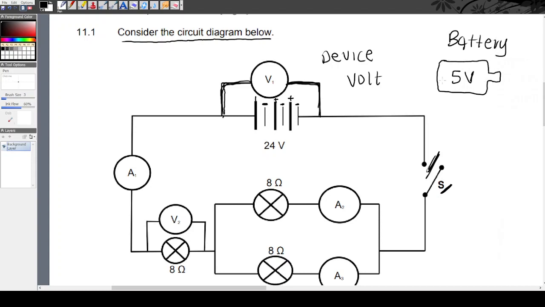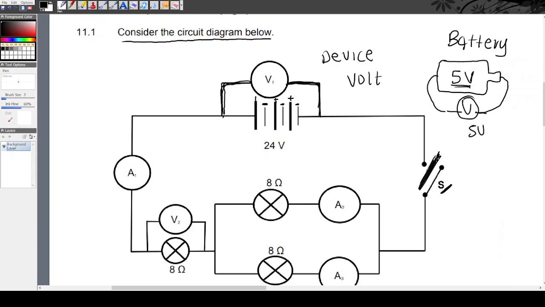This battery can supply a maximum amount of voltage, which is 5 volts. It can give that amount of voltage. So if we connect a voltmeter across it, it will show a value of 5 volts, because that's what it will give to the circuit if there's no current flowing.